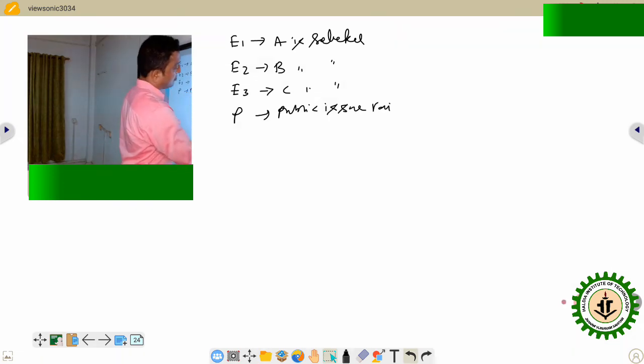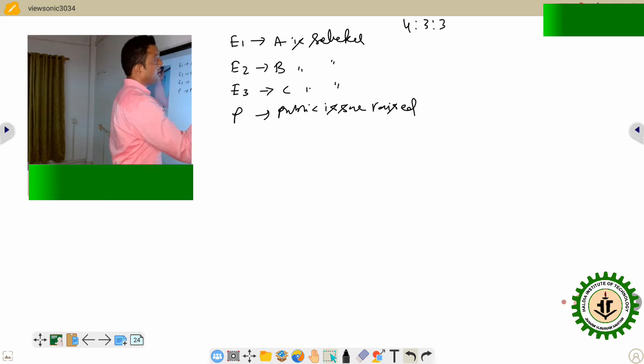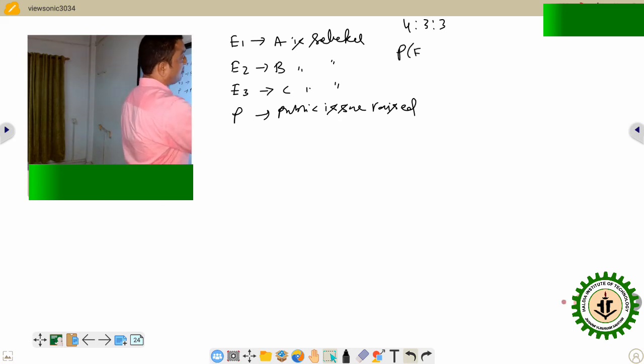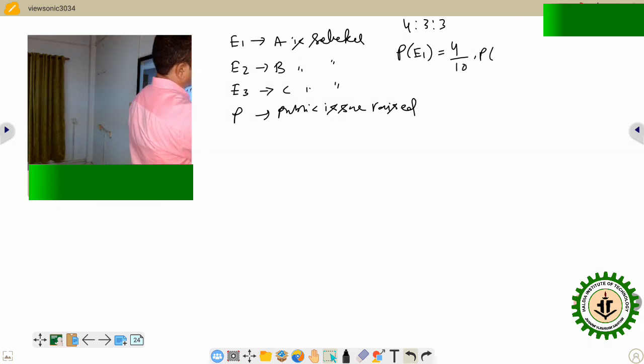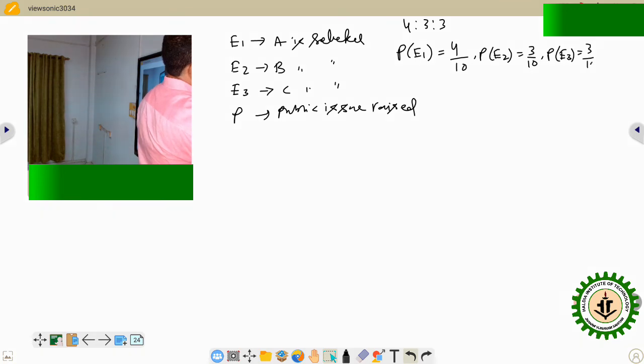Since they are in the proportion 4:3:3, the probability of E1 equals 4 by 10, probability of E2 equals 3 by 10, and probability of E3 equals 3 by 10. This is the selection of these three persons.